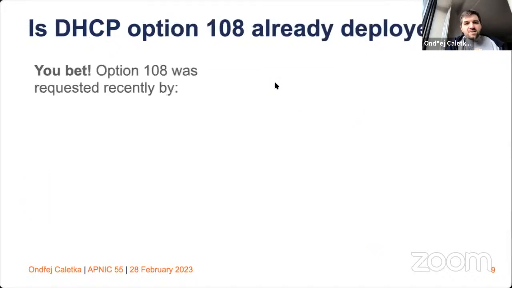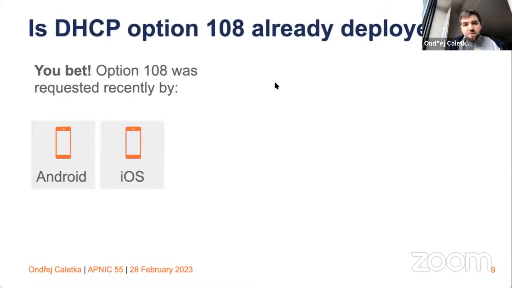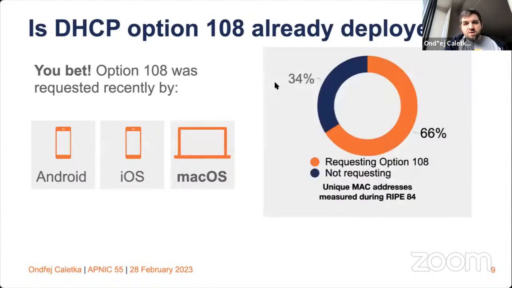The question here is, does this protocol already have some implementation? And the answer is yes, quite a lot actually. It's in all new recent Androids, iOS, and pretty surprisingly also macOS, the desktop operating system from Apple. Actually, one year ago in Berlin during RIPE 84, I did a measurement on DHCP servers where I looked up how many clients are requesting this option 108.